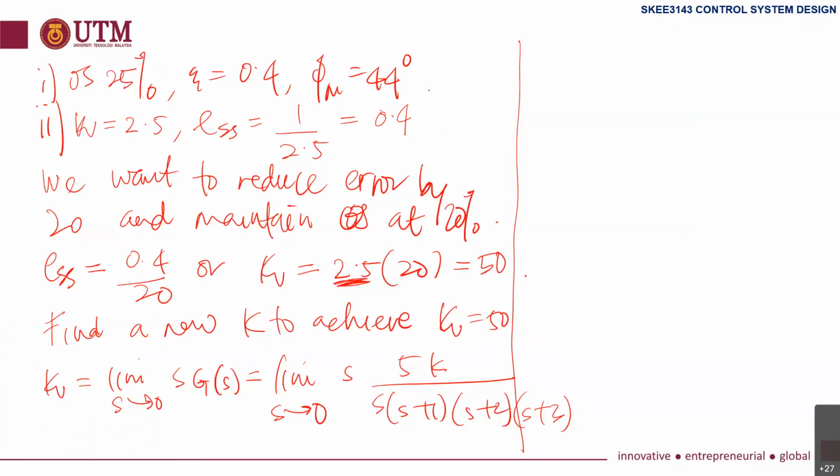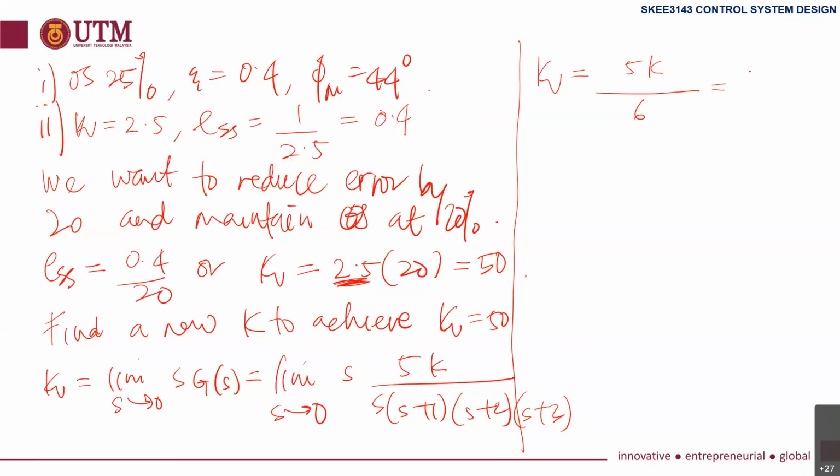Okay, Kv, if we solve that formula, is 5K over 1 times 2 times 3, which is 5K over 6. And we want it to become 50.